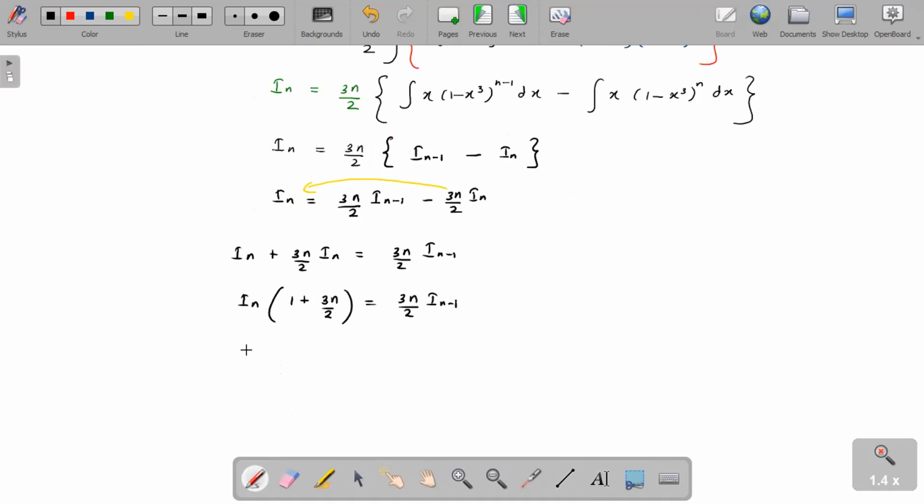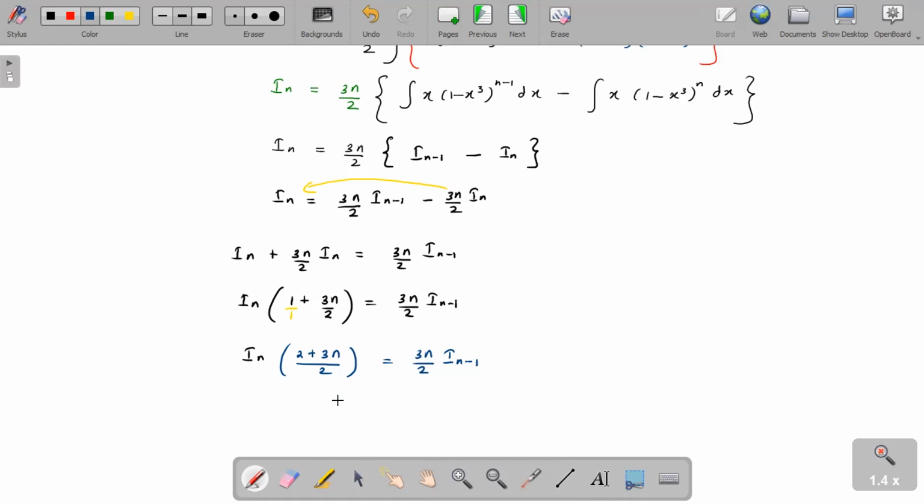So 1 plus 3n over 2, you have to take the common denominator here. So taking the common denominator, I get (2 plus 3n) over 2 equals 3n over 2 I_(n−1).